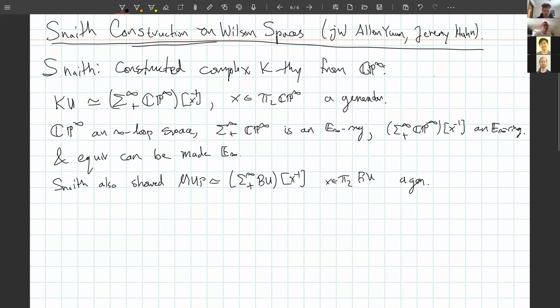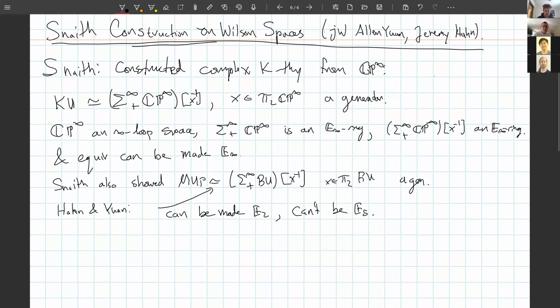But my co-authors, Alan and Jeremy Yuan, say this equivalence can be made E2, and they know it can't be more than E5, or E infinity. And of course, Alan can correct me since he's here. So this can't be E infinity. So in fact, MUP has a standard E infinity structure on it.